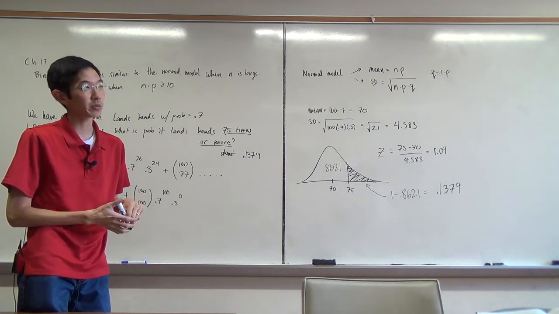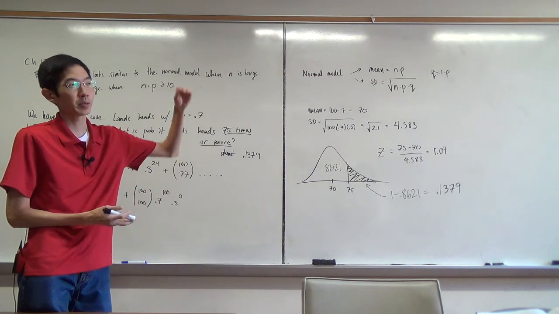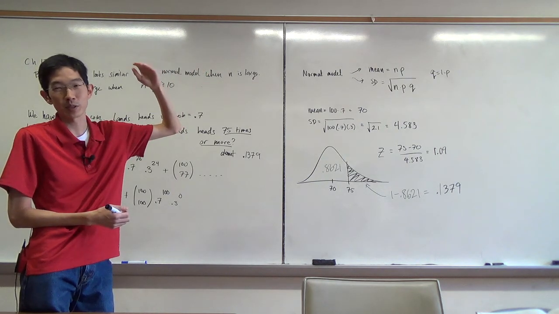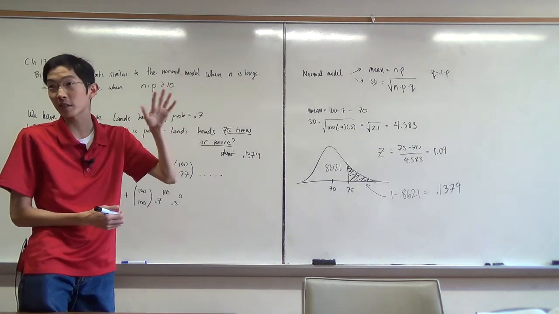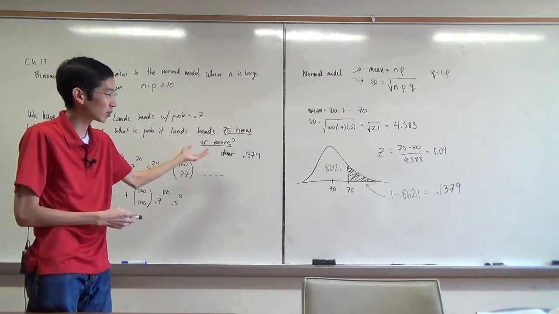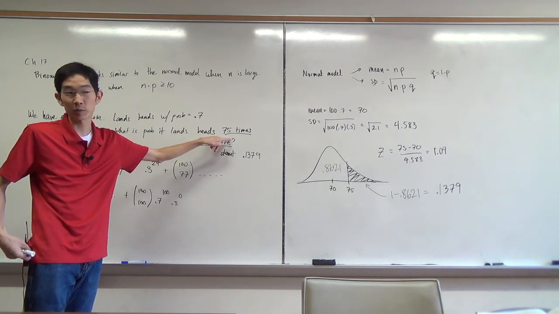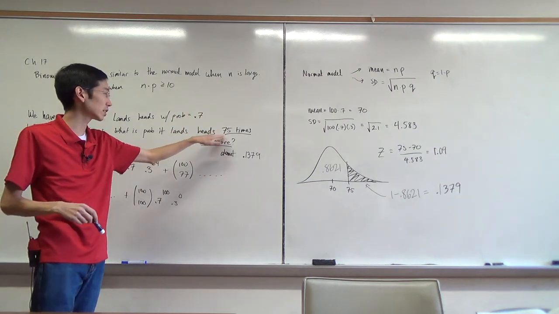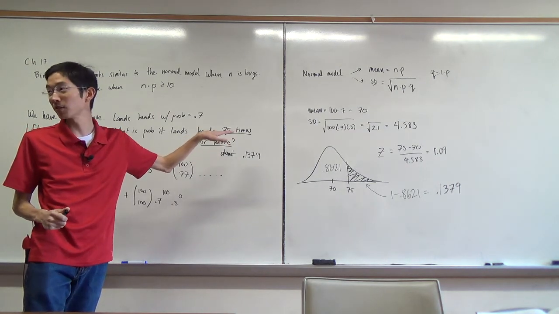So there's no difference when we're asking the normal model what's the probability that someone is 5 feet or taller, or what's the probability that someone is taller than 5 feet. They will give you the exact same answer because it's continuous. The binomial is not continuous, so there is an actual probability of getting exactly 75 times. And so there is a slight difference between the probability of getting 75 times or more versus more than 75 times.